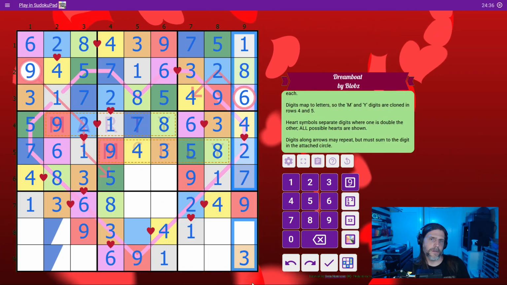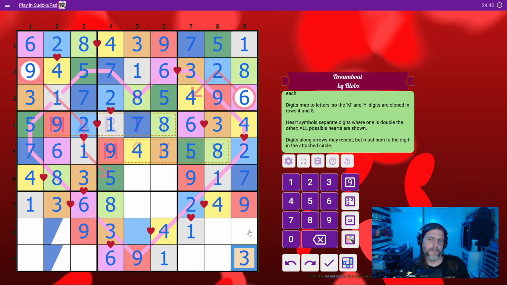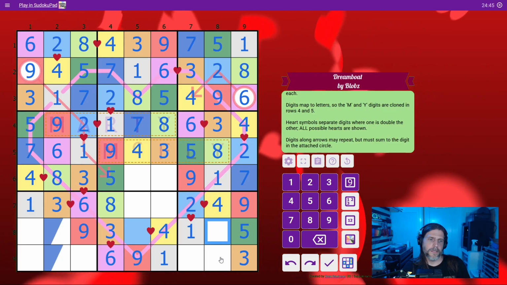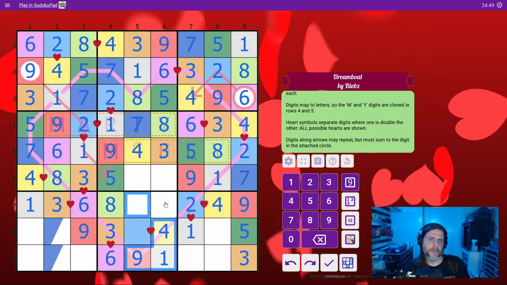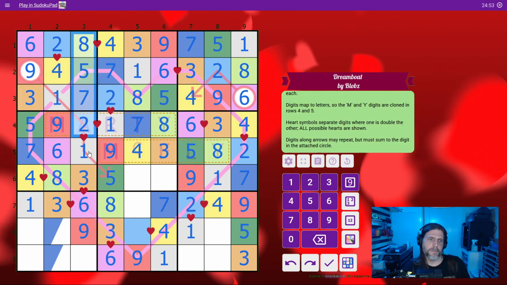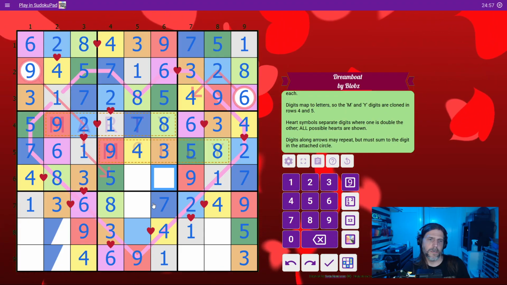Who's left here? Just the green 5. 7's going to be in there. Blue 7's going to be in here. You're just missing something, like yellow 4.